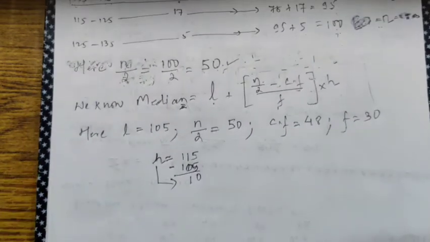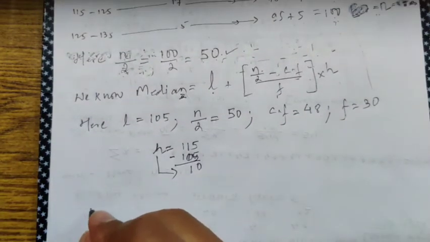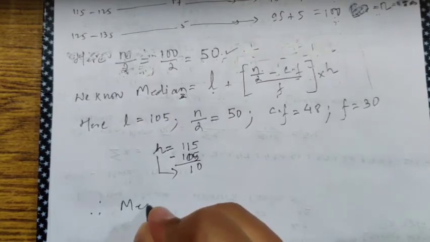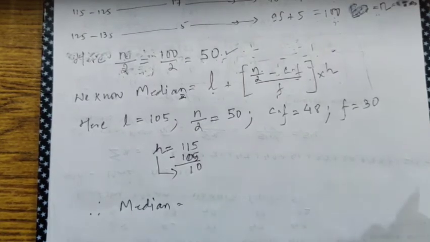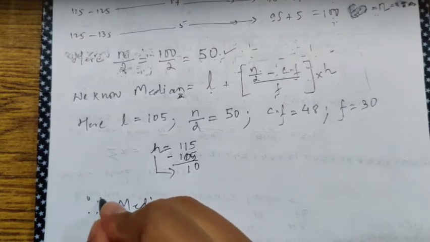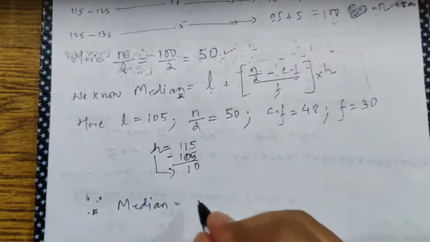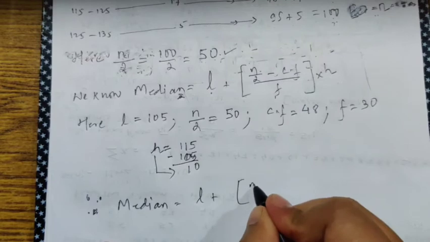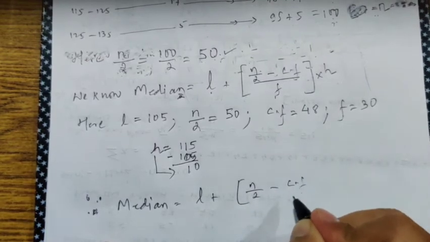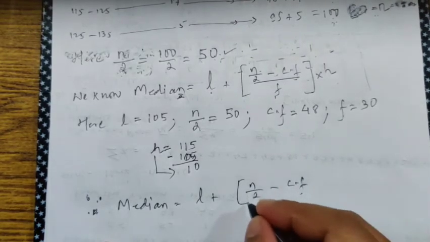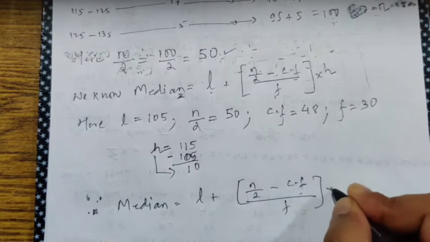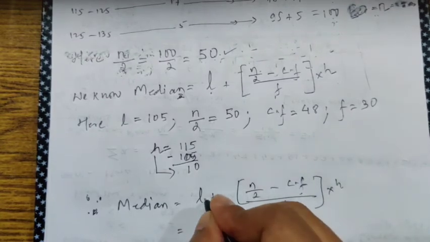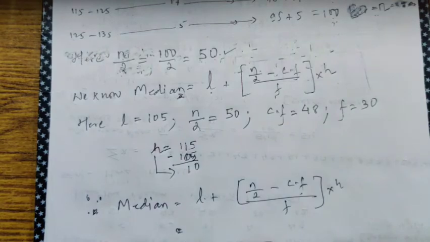Okay, now again let's put down the formula and get the value. Therefore, median equals L plus n by 2 minus CF by F into H. Let's put the value of L. How much? 105. n by 2, how much? 50 in a bracket.